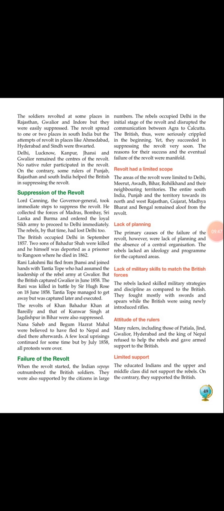Rani Lakshmi Bai fled from Jhansi and joined hands with Tatya Tope, who had assumed the leadership of the rebel army at Gwalior. They joined the Gwalior army, but the British captured Gwalior in June 1858.